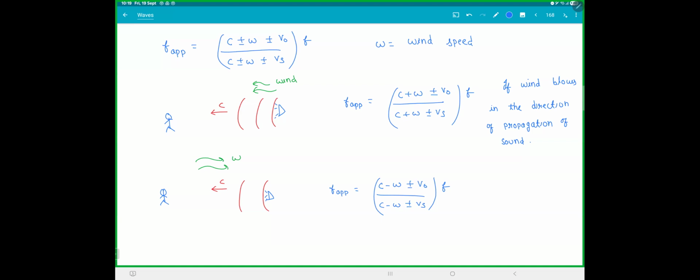There's actually another level of formula which we'll see in the next class, but for now, let's play with this. So this formula is valid only under some cases. This formula is derived when all the speeds are constant and all are on the same line.